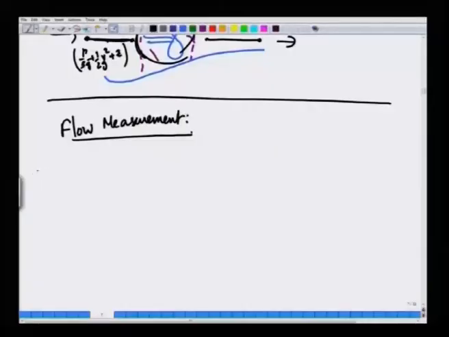But if you want to do something inline, that is without having to wait for the exit of the flow, somewhere in between in the network itself, if you want to know what is the flow rate, which is very, very important in many chemical engineering applications, how do you do that? So we want to do something within the pipeline network. So we have a set of devices called restriction flow meters.